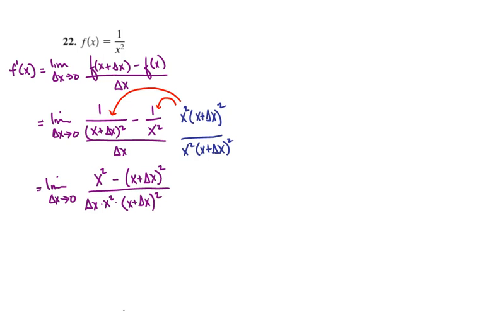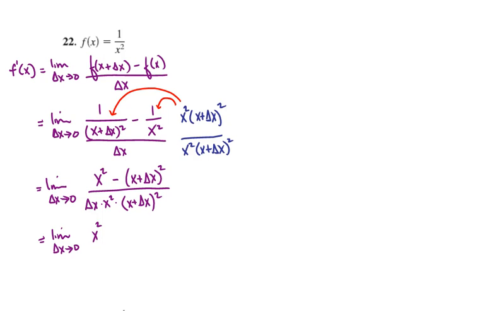Now I'm going to expand out the numerator, but I don't want to multiply anything out in the denominator because I'm going to start to cancel things out, especially that delta x. If I multiply it through, then it's going to make my life more complicated. So the numerator is going to multiply out as x squared, which we had.